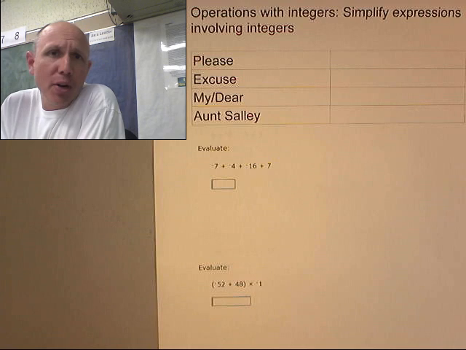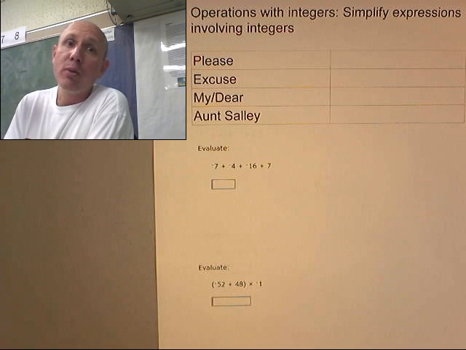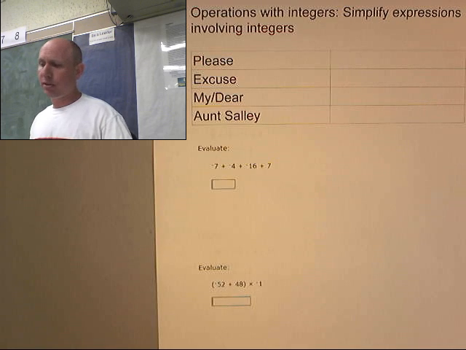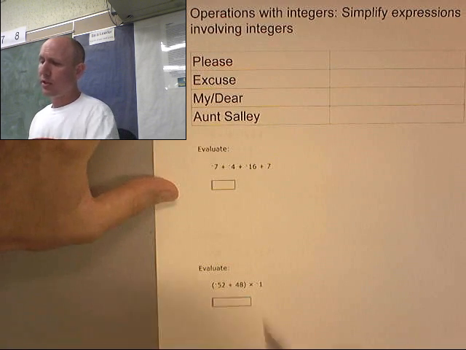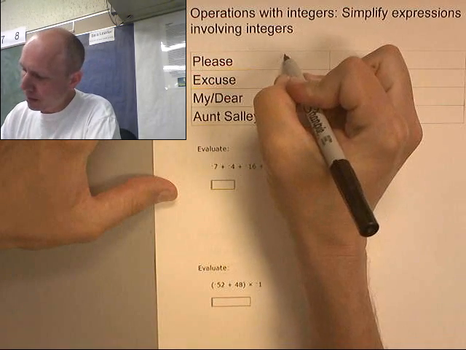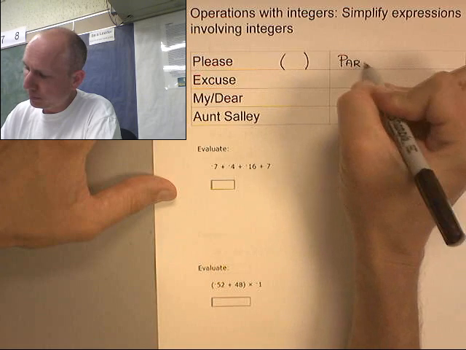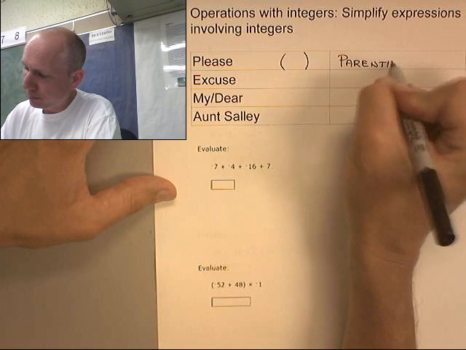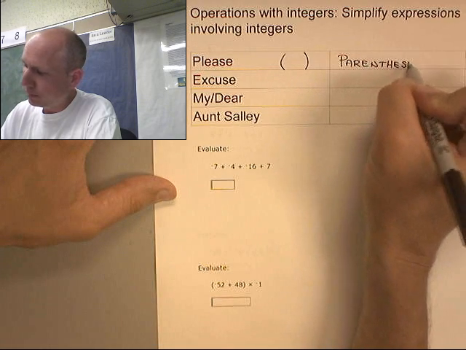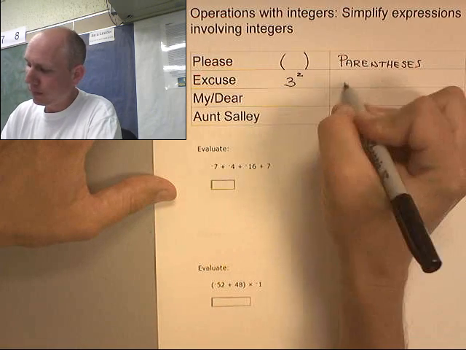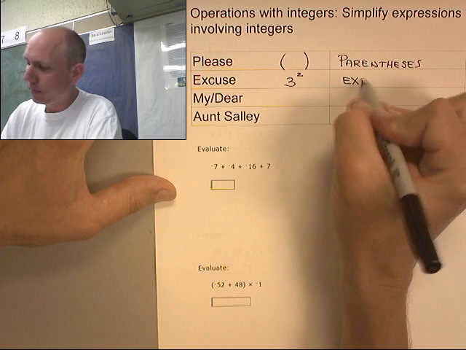Here we go. Operations with integers. Simplify expressions involving integers. Integers meaning negative numbers and positive numbers. Order of operations. Please: parentheses. Excuse: exponents.